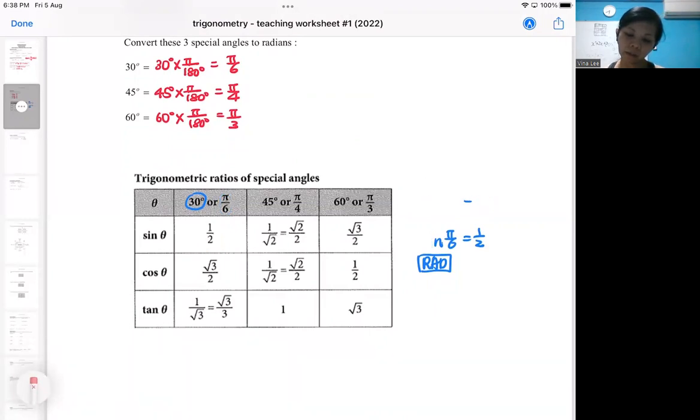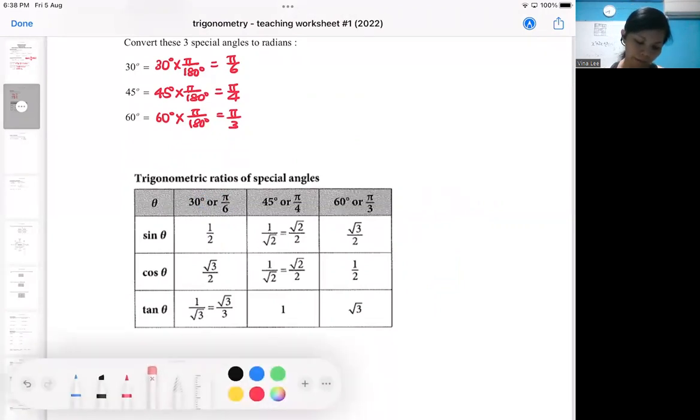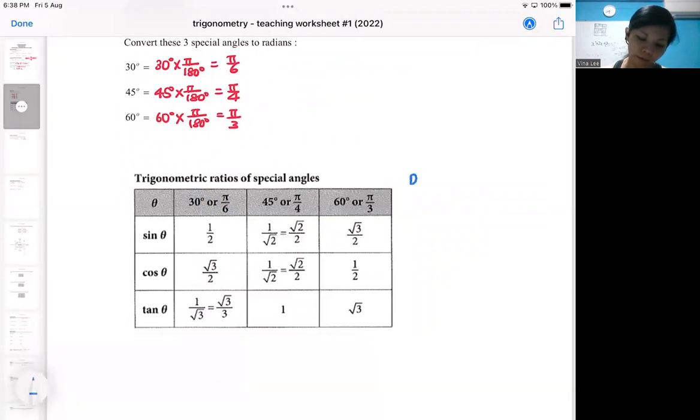This table is meant for you to memorize. You realize there's a lot of surds, and your calculator will not return you surds. Now I'm going to do everything in degree mode. If you punch cosine 30, your calculator is not going to give you the surd.